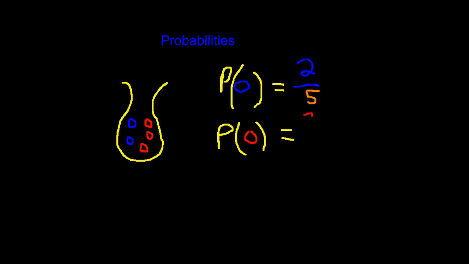And the probability of getting a red ball is the number of red balls divided by the total. So it's essentially like out of the five balls you can pick, the only three possibilities that get you a red ball, and the only two possibilities that get you a blue ball.